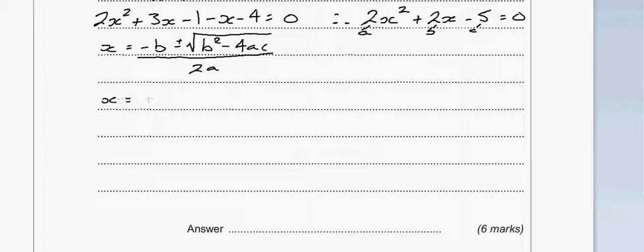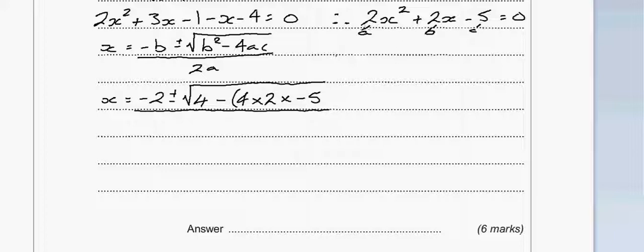So x will equal, now b we can see here is 2, but it says minus b, so this is minus 2 plus or minus the root of, now b squared, if b is 2, b squared would be 4, minus, now I always open up a bracket here, 4 multiplied by a, now a is 2, multiplied by c, and c is minus 5, and this is all over 2a. Now a we know is 2, so 2a would be 4.